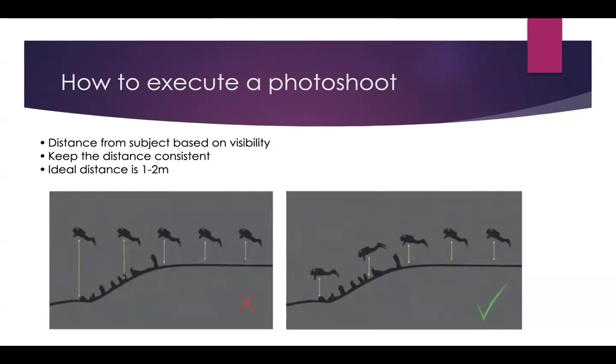If the visibility is pretty appalling and the light's not great, you want to be closer. But the important thing here is you need to be consistent. Once you've set your distance from your subject, maintain your distance. I found that 1 to 2 meters is probably the best bet.